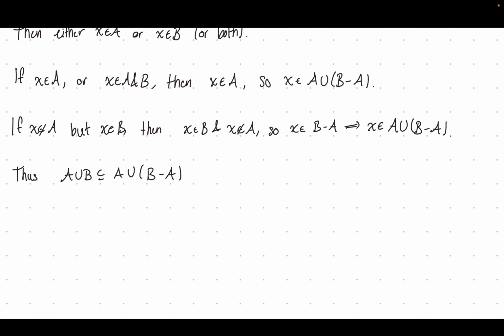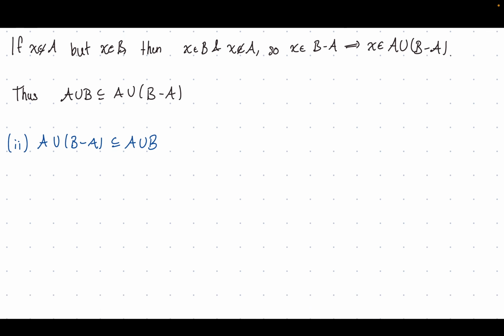Okay, cool. And now the second thing we're supposed to show is that A union B minus A is a subset of A union B. And this one is a lot simpler because if we suppose X is in A union B minus A, then X is in A, or X is in B minus A, right?